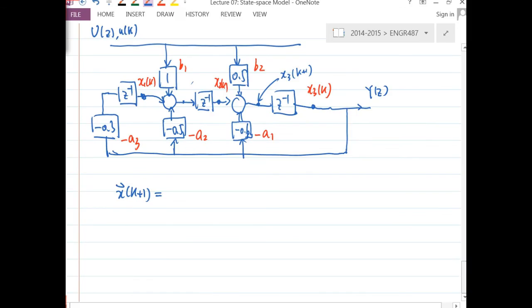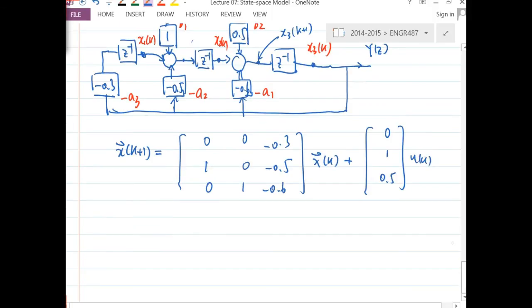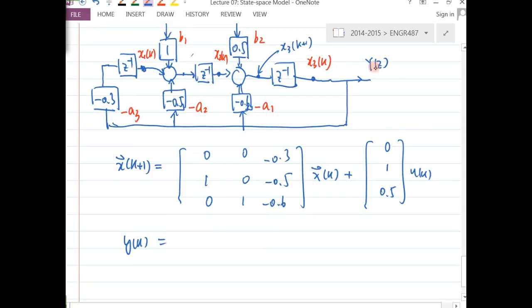If you go through the same procedure as we did, you'll get this one here: 0, 0, negative 3, and 1, 0, negative 0.5, 0, 1, negative 0.6, times x of k, plus 0, 1, 0.5, times u of k. And y of k is easy. y of k is actually the same as x3 of k.